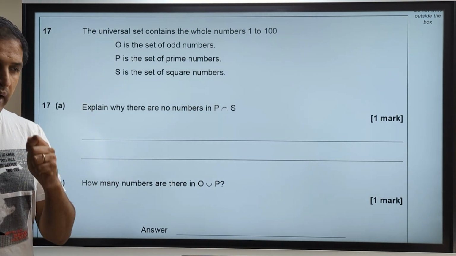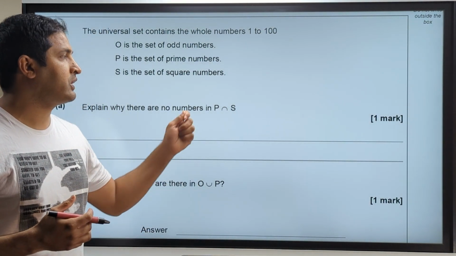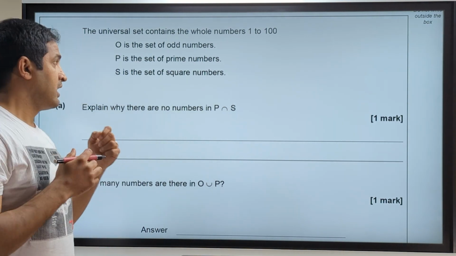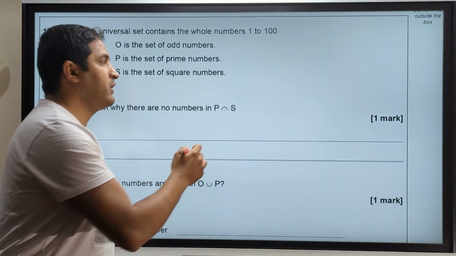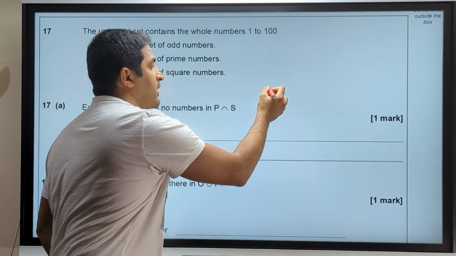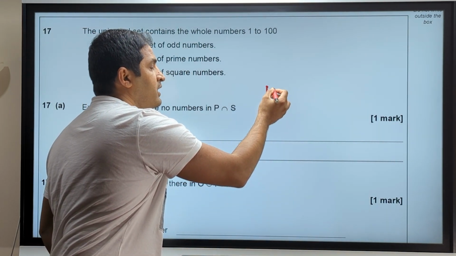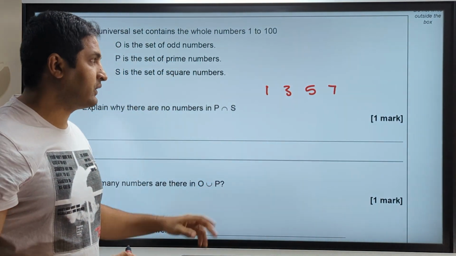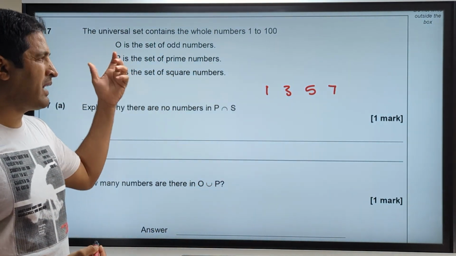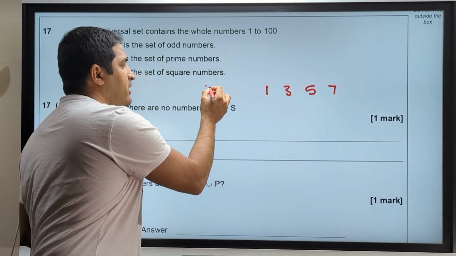The only prime number that has two factors is one where the factors are 1 and itself. Another way you can look at it is that all the square numbers will have an odd number of factors, so you see 1, 3, 5, 7, those kinds of things. To be a prime number, it should have exactly two factors.